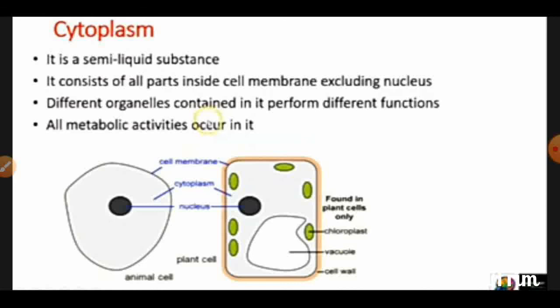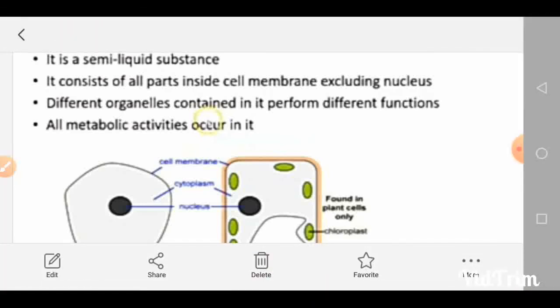The energy which works in the cell is provided by mitochondria. Now we will go further about this. But where is mitochondria? It is present in the cytoplasm.